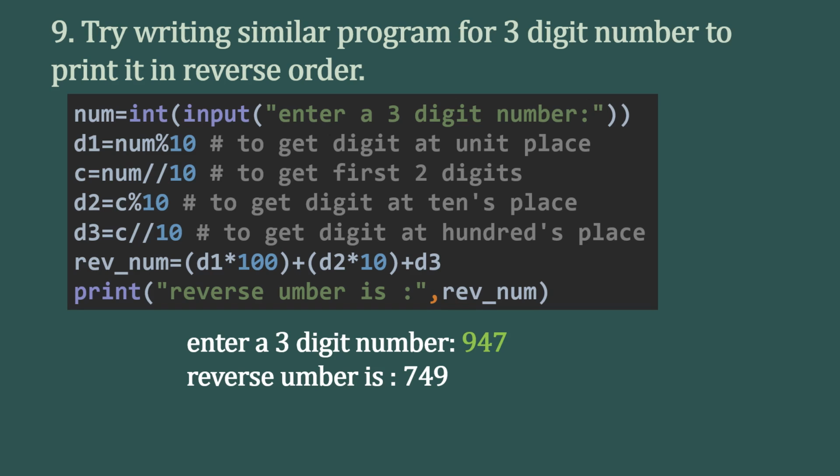And the quotient 9 is the digit at the hundreds place. Now to reverse this, you multiply the units digit into 100, that is 7 into 100, 700, then 4 into 10, 40, then 9. Just add them to get the number 749.